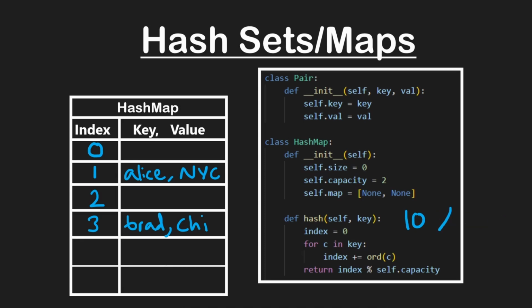If our index is actually not out of bounds, for example, maybe it's 1, we would mod that by 2, and we would still end up getting 1, which is still in bounds anyway. So if it's in bounds, that's okay. If it goes out of bounds, then we'll mod it to bring it within bounds. So by the time we return the integer for this hashing, it will be some index that is in bounds of our array.